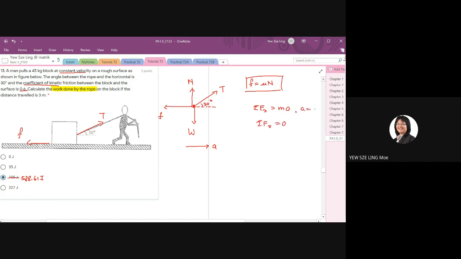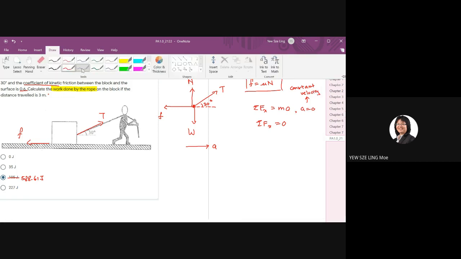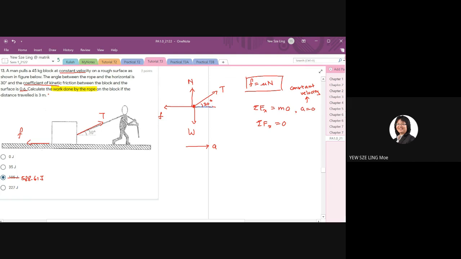Because a is equal to 0 at constant velocity. We can then expand the equation. Before we expand, remember to resolve your T, so you have Tx and Ty. So Tx minus f equals 0, so Tx is equal to f. This is your first equation.